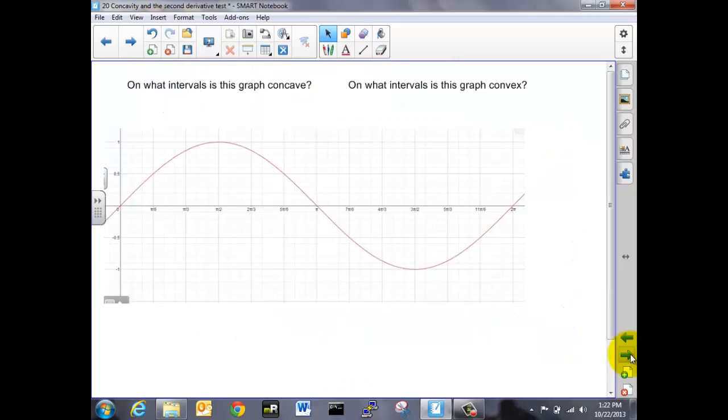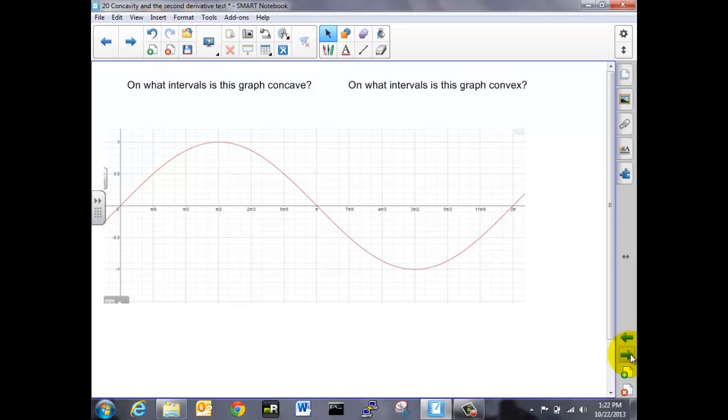Now, how many of you have heard of convex and concave? Write a new definition using what you think should be the definition. Looking at that pretty graph there, where is this graph concave?